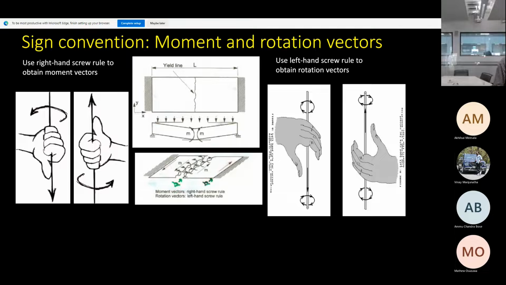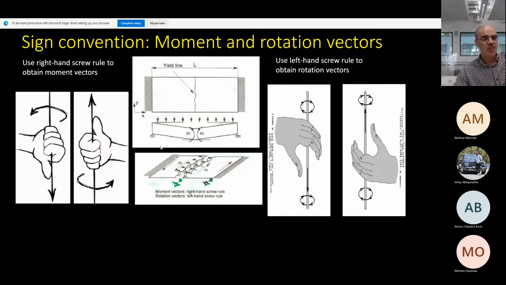Down or up? Down. Now you use your left hand, not the right anymore. You make a rotation going down with the left hand, and your thumb will give you the rotation vector.